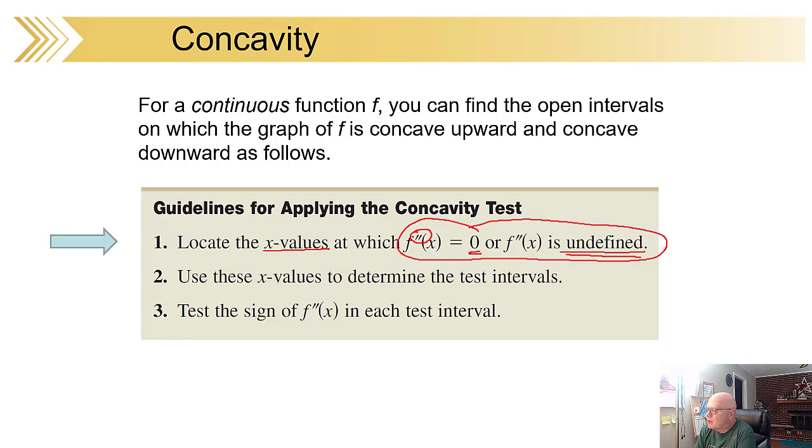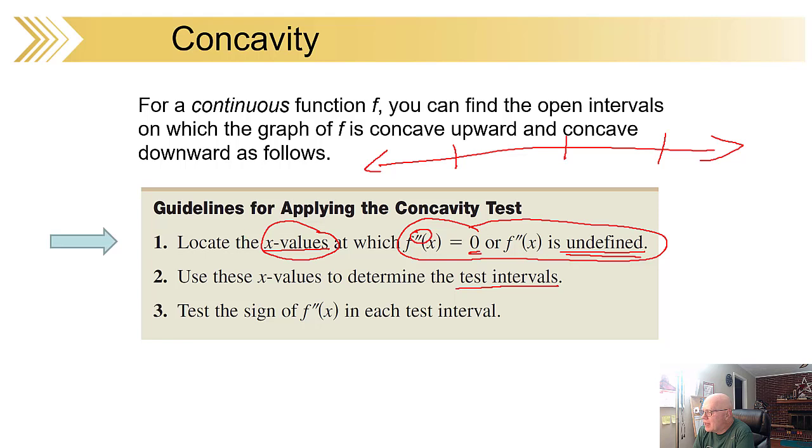Use those values because what you're going to do, you're going to take these values on the number line, and those values will split the number line into several sections. Those are your test intervals, or your intervals.